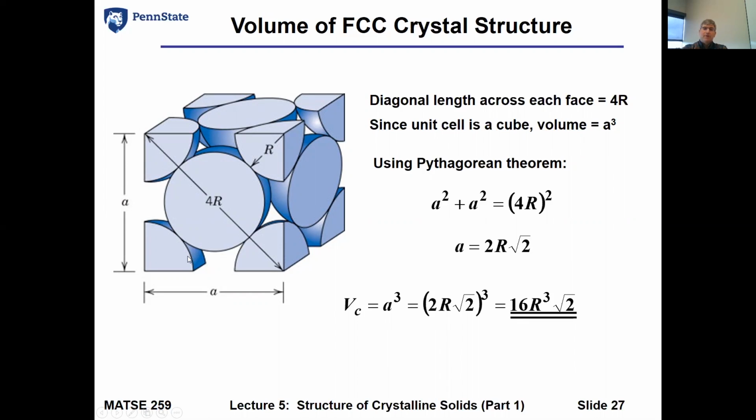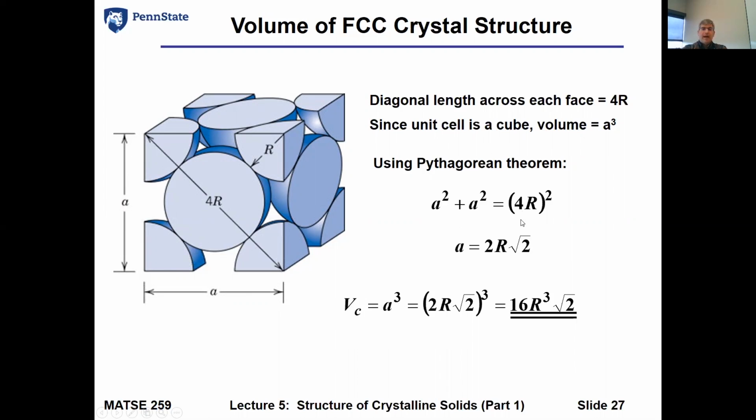So we're pretty fortunate here. We know what the lattice parameters are in terms of a for each atom. And we know this value, and we know the two a's are equal. We can figure out the volume of this just using the Pythagorean theorem. And with that, we know that it's a cube, so the volume is just a cubed.